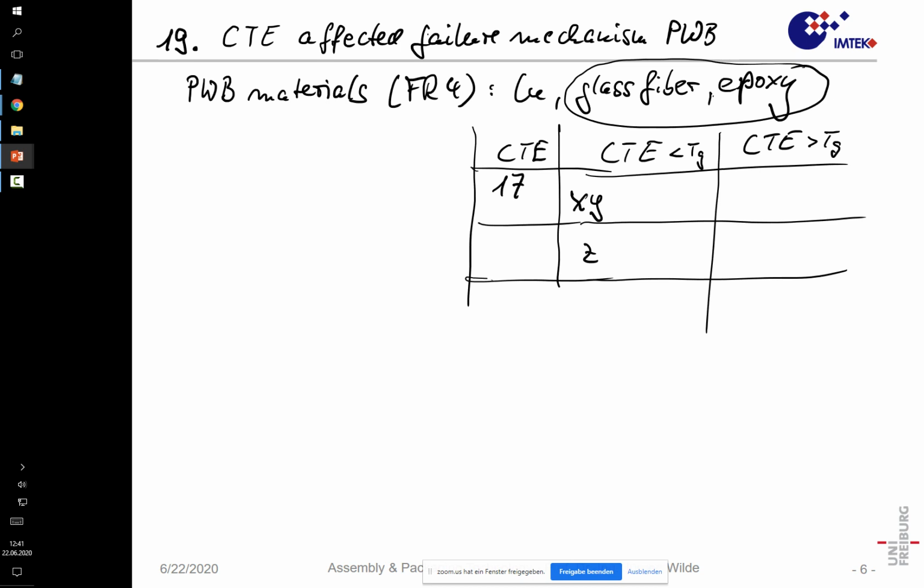On the other hand, you have another type of bonds, which is physical bonds, or maybe you heard about van der Waals bonds. And these bonds will lose their strength at higher temperatures. The strength of these bonds, which is only a fraction of an electron volt, is lost. And that means all the molecules become more mobile against each other.